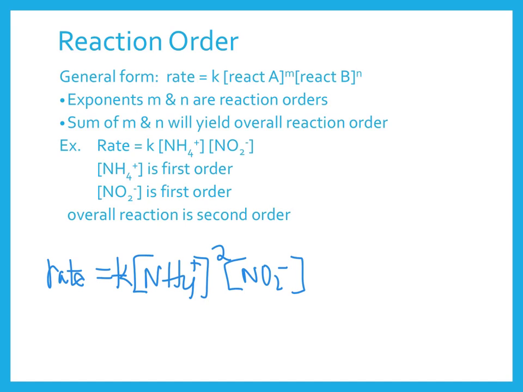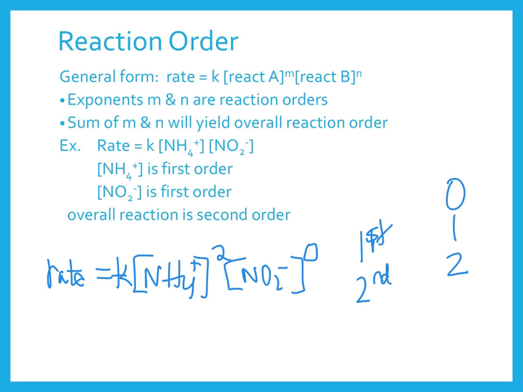With the number that's raised to a 1 power, it's considered to be first order. If it's a 2, it's second order. Third order is rare. You usually only see zeros, ones, and 2s. You're probably thinking, well, why would I see 0?